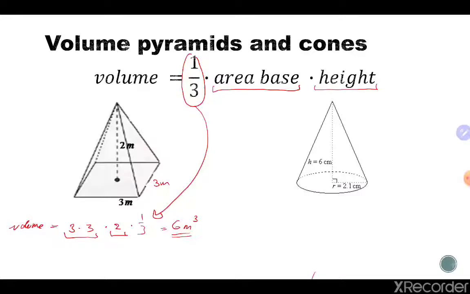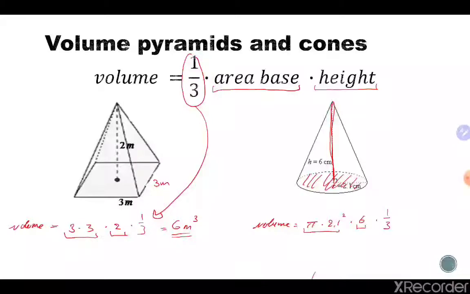All right. So the next one, this is your height of your cone, 6 centimeters. There you go. But to calculate the area of that circle, the area of the base, we need to do pi times the radius, so 2.1 to the second power. So this is your area of your base. Multiplied with the height, multiplied by 6, and of course the last part multiplied with 1/3.